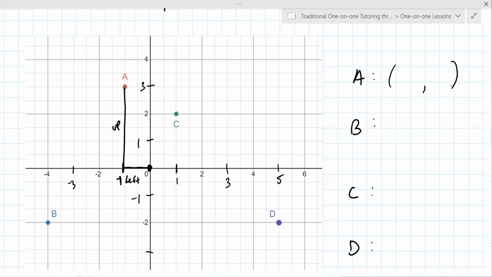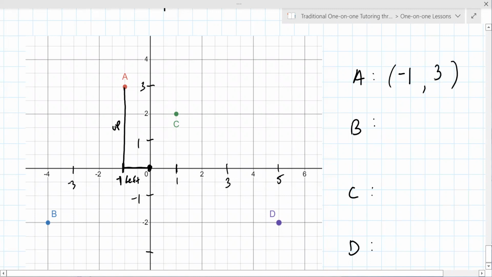Okay. So for A right there, that is going to be -1 and 3.